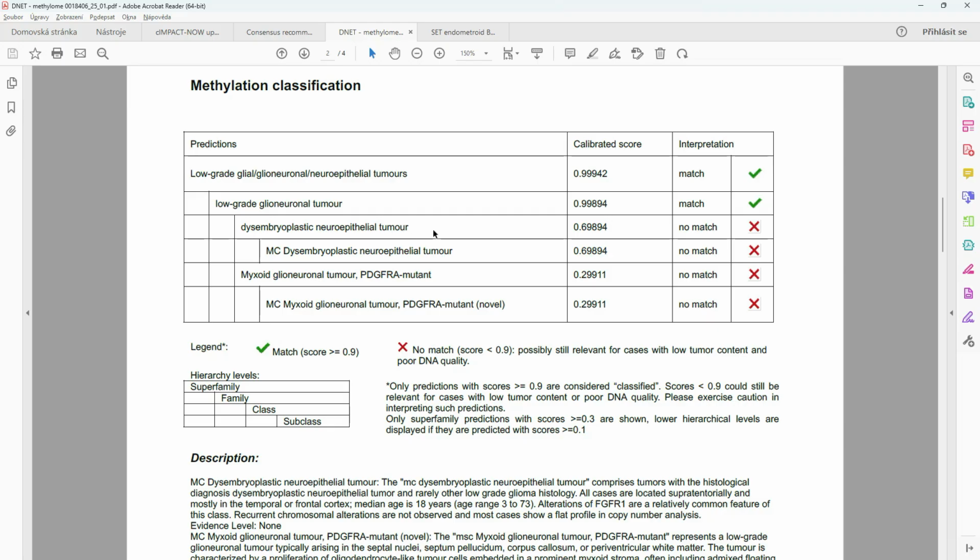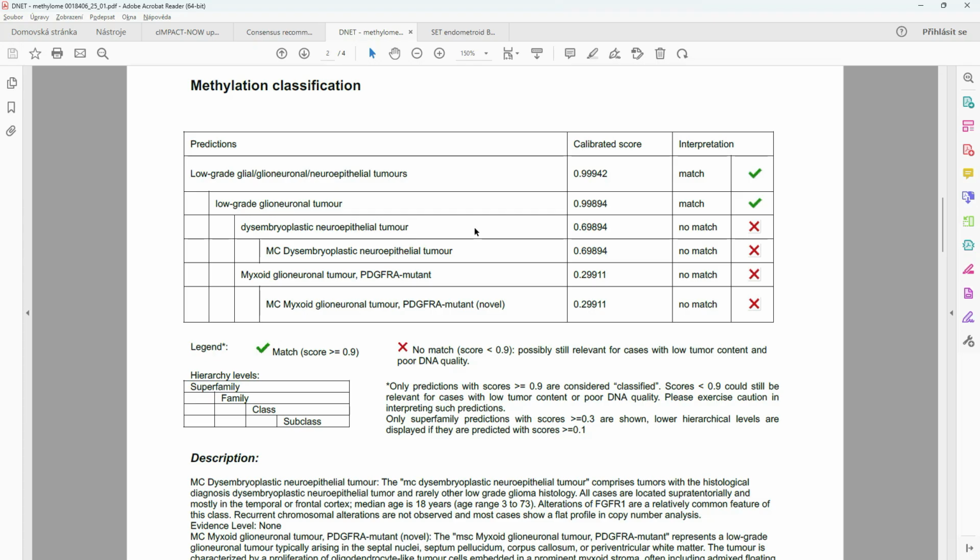These tumors show alterations in the MAPK pathway, most commonly FGFR1 gene alterations, mutations, fusions, amplifications maybe, or internal tandem duplications, and some other changes, including BRAF.